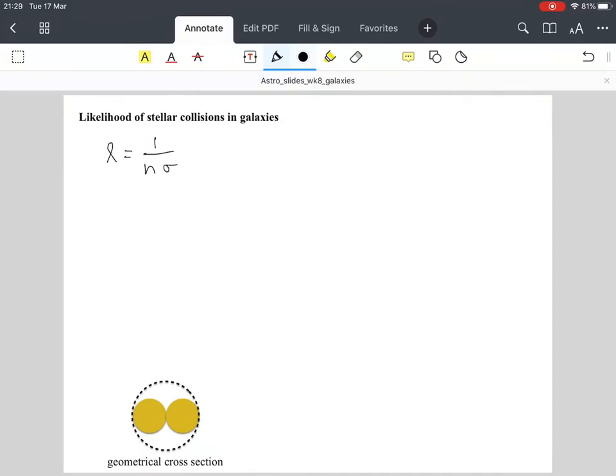So n is a number density, and the number density for a typical galaxy, including our Milky Way, is about 1 star per parsec. So in other words, parsec cubed, where you have a cube and each side is a parsec.